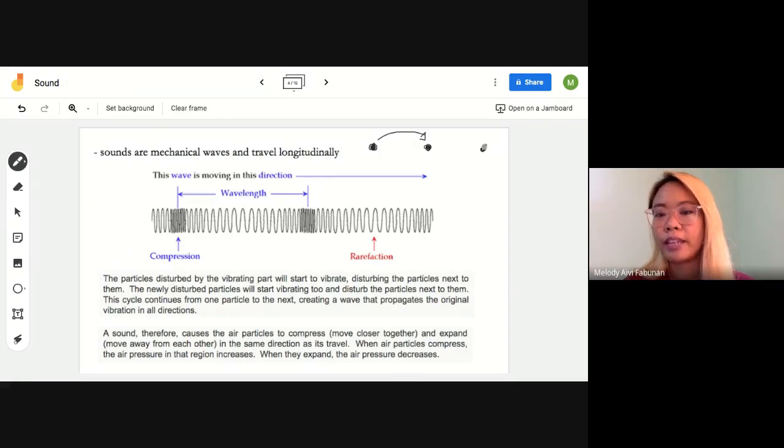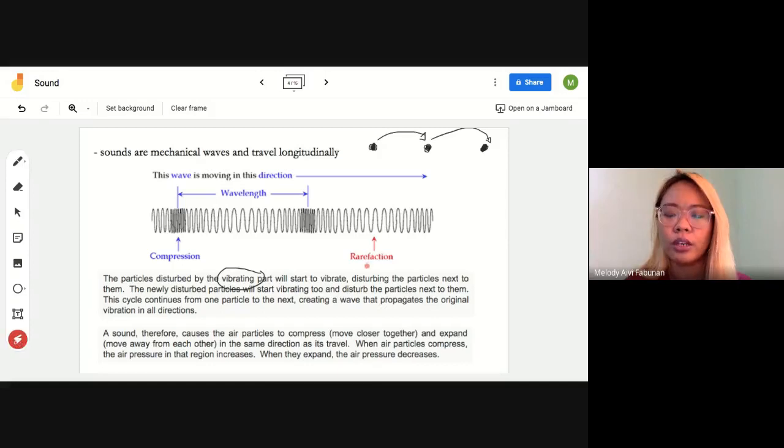So mas mabilis yung transmission ng sound from one particle to another. Nakarating na siya agad doon sa back of the classroom because the particles in air are far away from each other. So mas mabilis yung transmission ng vibration.